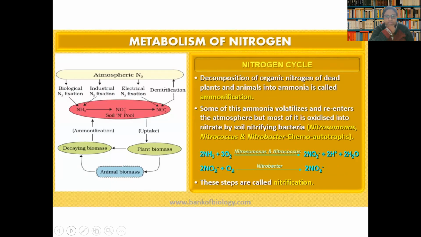So this chart is a very simple one. It is present in your textbook also. It is saying about the conversion of ammonia into nitrate. It's a simple oxidation method where NH3, in presence of oxygen with the activity of Nitrosomonas and Nitrococcus, is converted into NO2 minus, that is called nitrite, and then this nitrite is further oxidized to form NO3 minus, that is done under supervision of Nitrobacter.